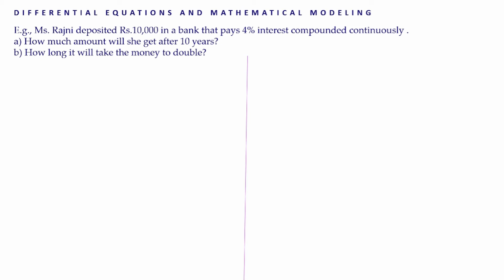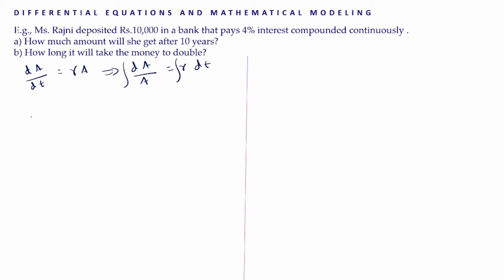To understand it better, let me solve it again. dA by dt equal to RA, where A is the amount, t is the time, and R is the rate of interest. Or dA by A equal to R into dt.